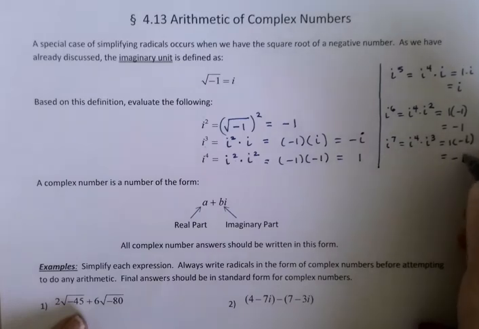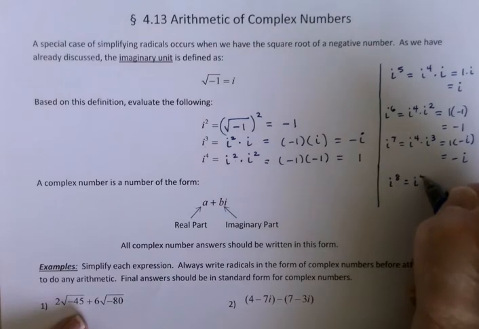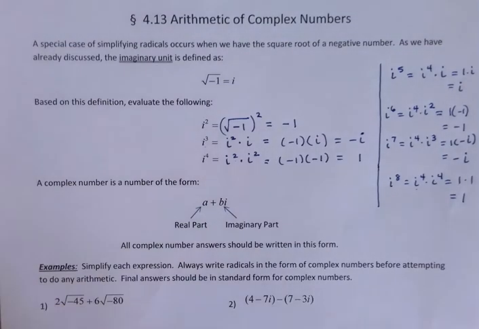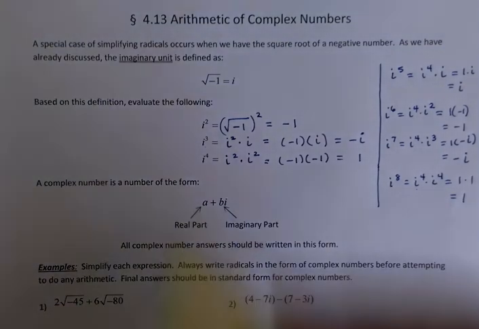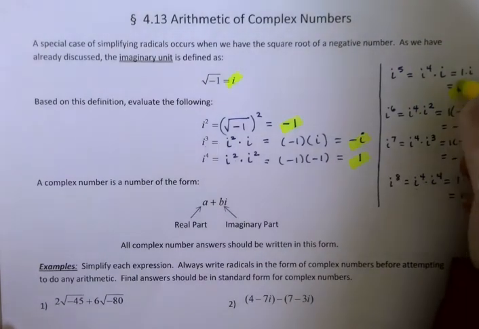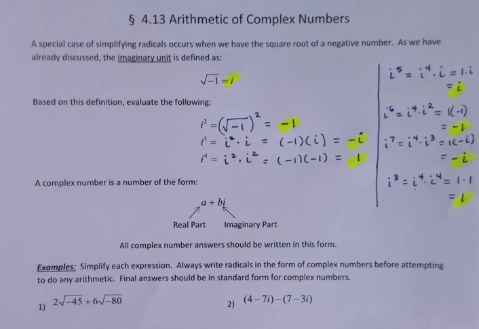So that's going to be minus i. And i to the eighth would be i to the fourth times i to the fourth. 1 times 1, or 1 again. So that same cycle of i, -1, minus i, 1 happened all over again, and it would continue that same pattern if I went on to i to the 9th and i to the 10th and so on.